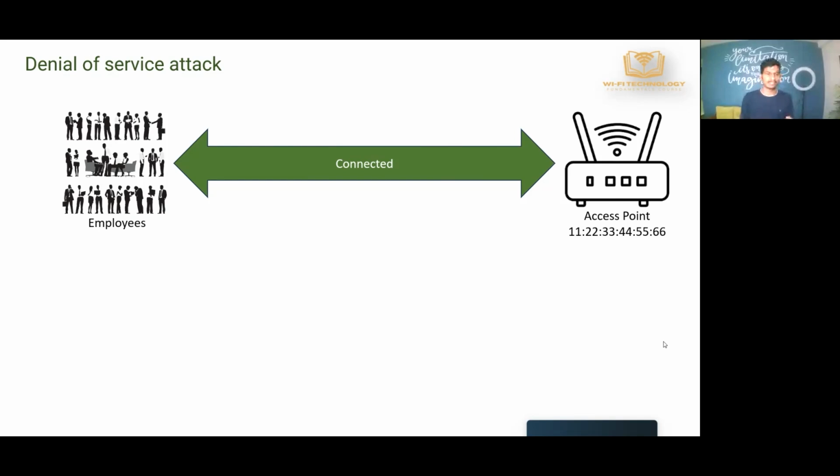In the middle, an attacker with minimal knowledge of Wi-Fi. Whoever does these types of attacks doesn't need much knowledge. They don't need to be pro at Wi-Fi; they just go to YouTube and search for how to do a denial of service attack on an access point. They'll get a bunch of videos, watch one, and try that type of attack.